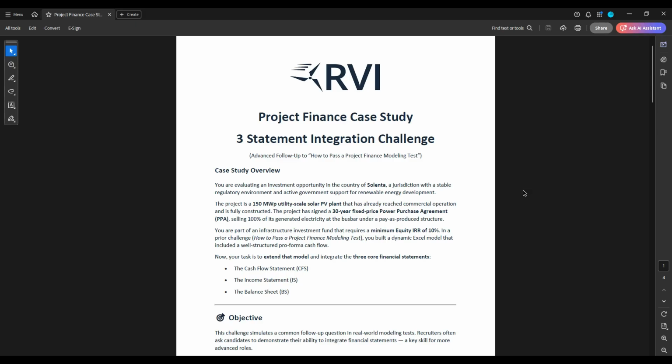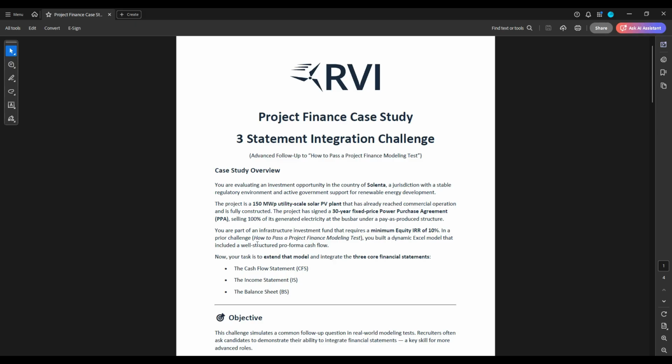The project has signed a 30-year fixed price power purchase agreement, PPA, selling 100% of its generated electricity at the busbar under a pay-as-produced structure. You're part of an infrastructure investment fund that requires a minimum equity IRR of 10%. So far, all of the given information is identical to our previous course.